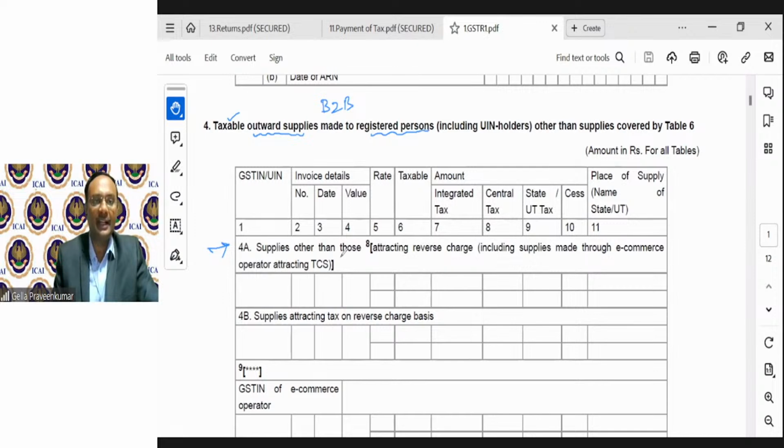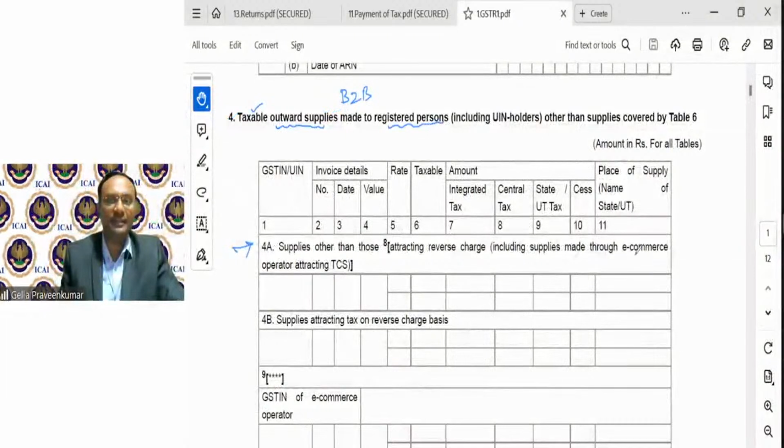So on my outward supply made to a registered person, including supplies made through an e-commerce operator, I'll show in table 4A my customer's GST number, invoice details, rate of tax, taxable amount, respective IGST, CGST, SGST, and place of supply. Based on this information, this will travel to Form GSTR-2B.